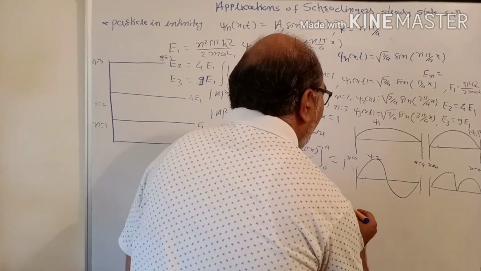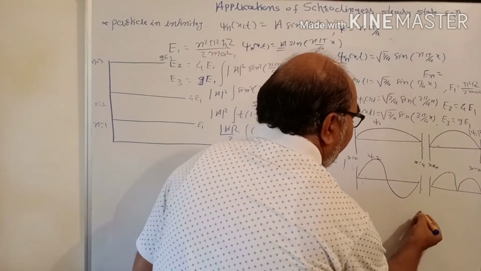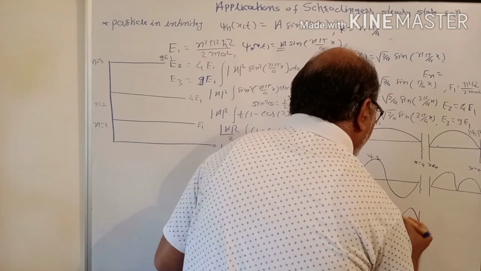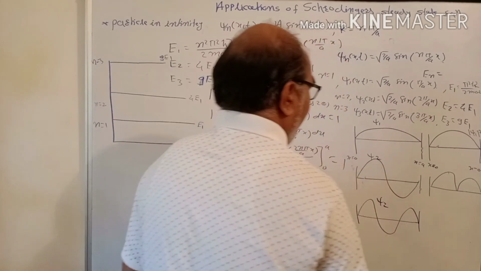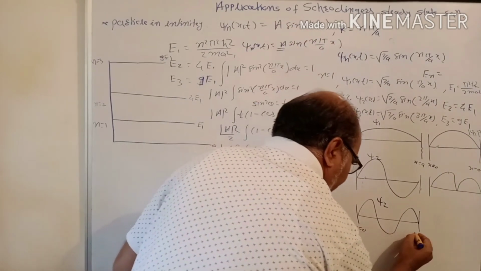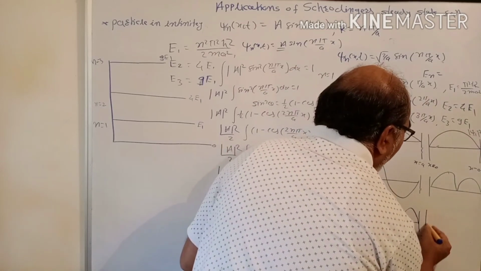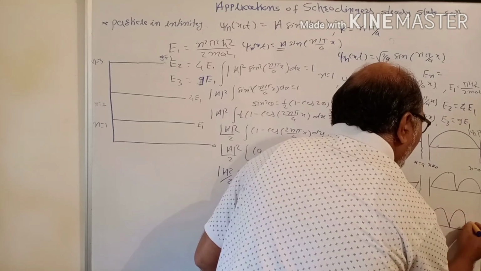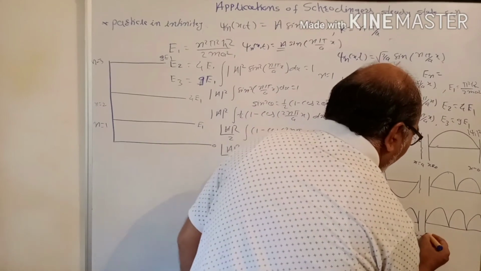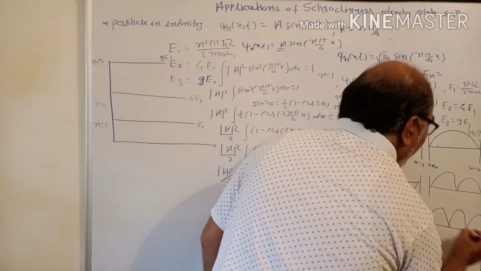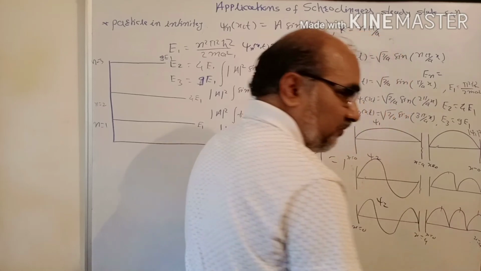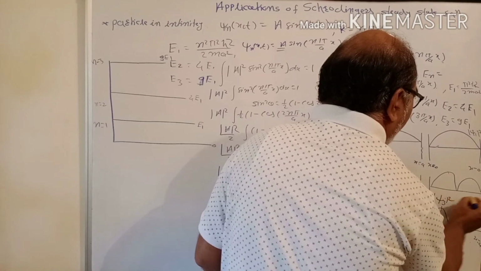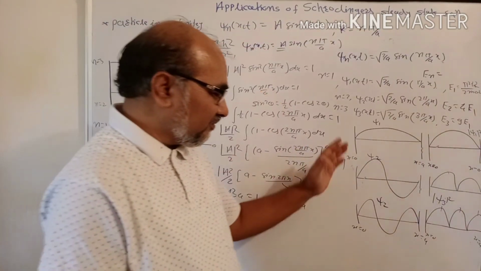For psi 3, you draw it like this: the first, second and third peaks, between x equal to 0 and x equal to a. So there are three probability peaks here. This is the mod of psi 3 squared.